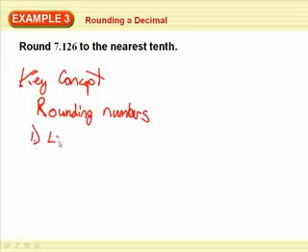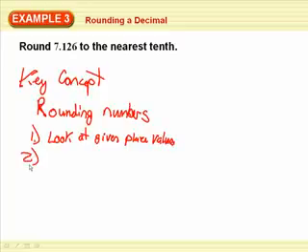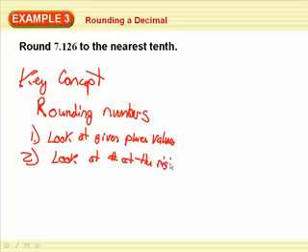First, you look at the given place value. That's the place you're going to round. Second, you look at the number right next door to it on the right.